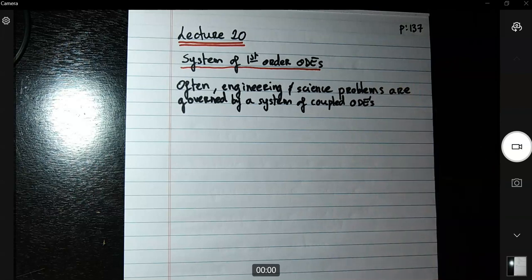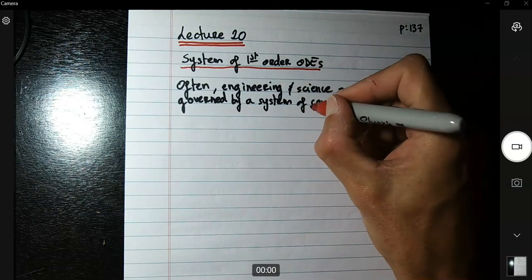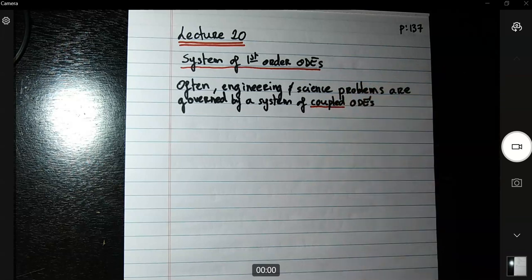So the term coupled here means what? If they were uncoupled, you could solve one equation at a time. But if they are coupled, you need to solve both equations at the same time.